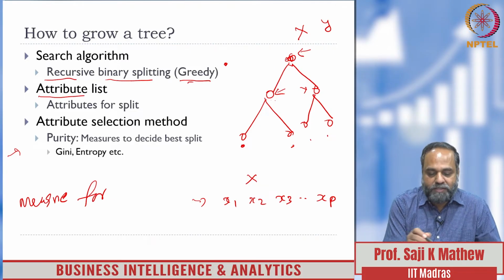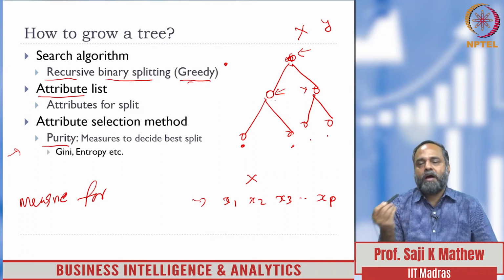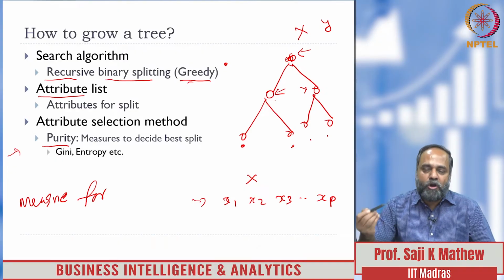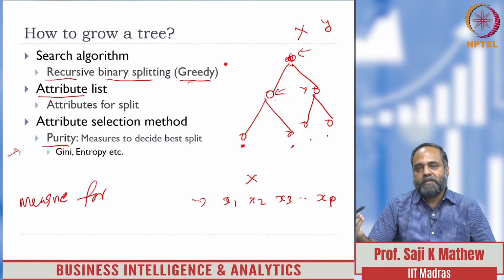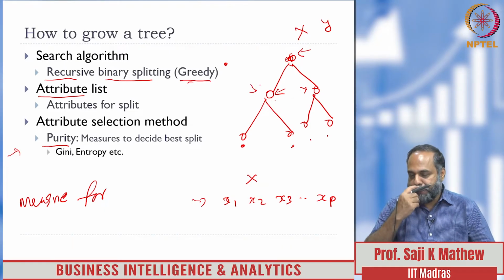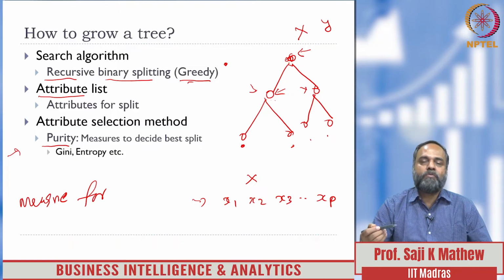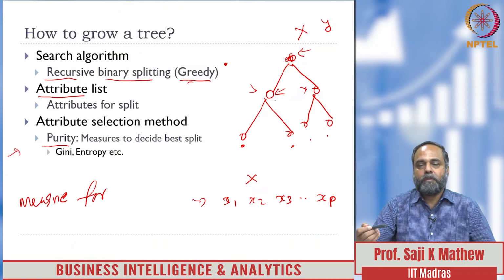What is the generally used term in decision tree literature is purity. It is synonymous with homogeneity. Purity of a node, and also purity of a split, is something an algorithm will evaluate before deciding which attribute to use for split. And therefore there has to be some measure of purity.